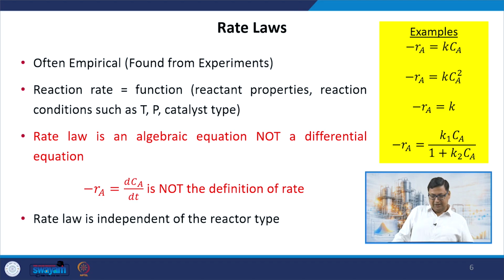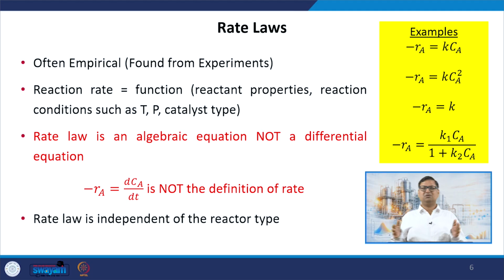Now, there is a notion of rate laws that is typically found from experiments, right. A rate law basically tells you how the rate of disappearance of the reactants or the rate of formation of products depends on the concentration of reactants and products maybe, right. And in most cases, these rate laws are empirical.